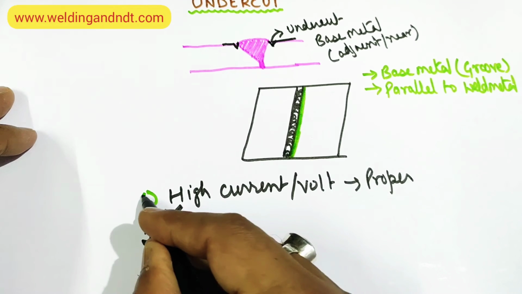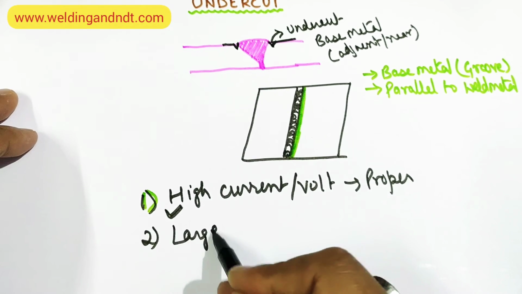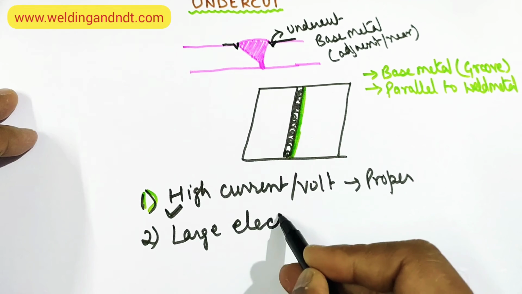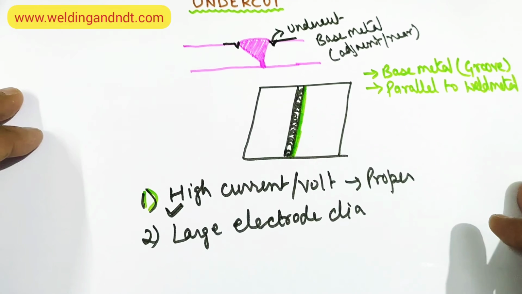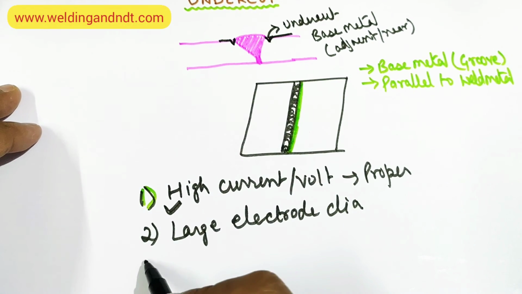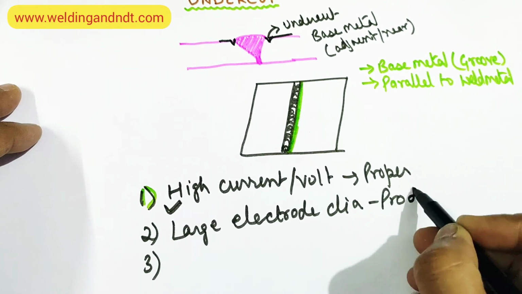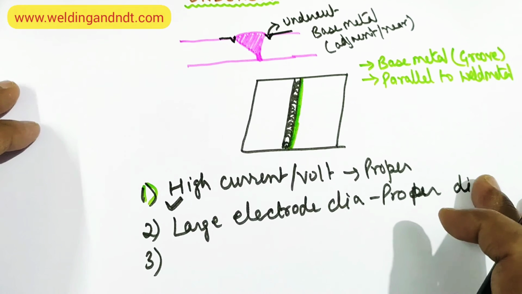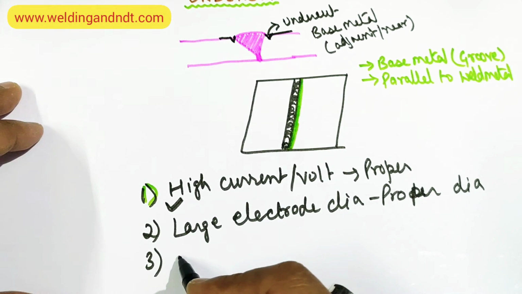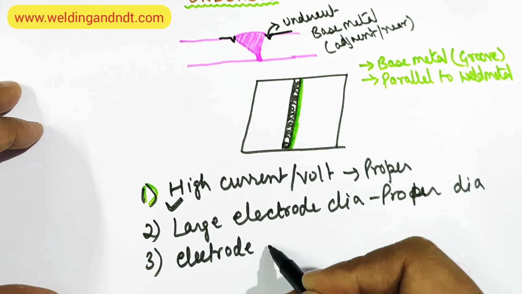The second cause is large electrode diameter. If our electrode diameter is larger, then also this groove or undercut can be formed. So we need to use a proper electrode diameter. Electrode angle also plays a role.